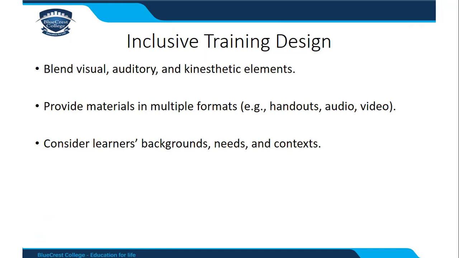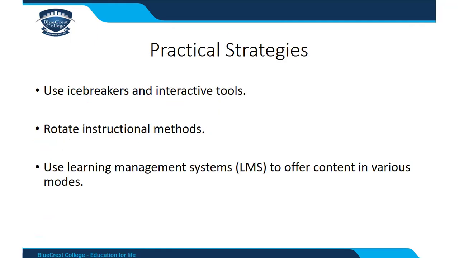Once you provide the materials in multiple formats, you are addressing the needs of the visual learner, the auditory learner, and the kinesthetic learner, all at the same time in your training. It's also important to consider the learners' backgrounds, their needs, and the context in which you are offering the training so that the training would be relevant.